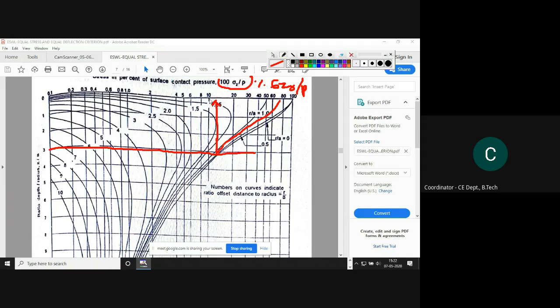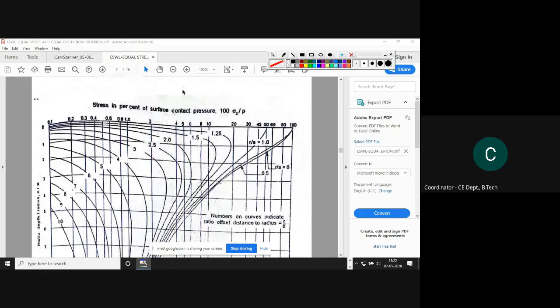That means those are in decimal points, so instead of 10 they will give you 0.1, instead of 8 they will give you 0.08. But here it's already given: the stress in percent of surface contact pressure. That's why all these are percentage values according to this chart. Clear?